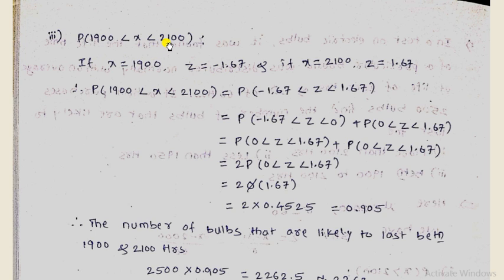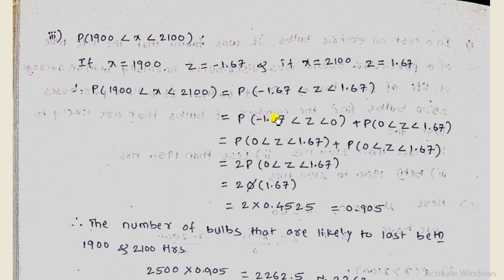Similarly substitute x equal to 2100, which gives the z value as 1.67. So one is a negative value, another is a positive value.